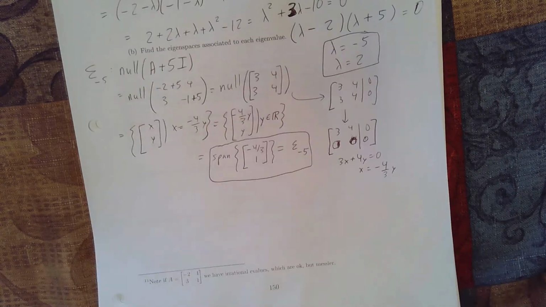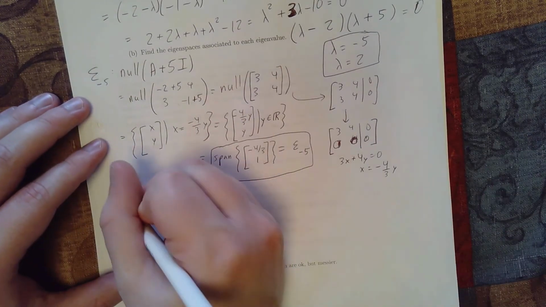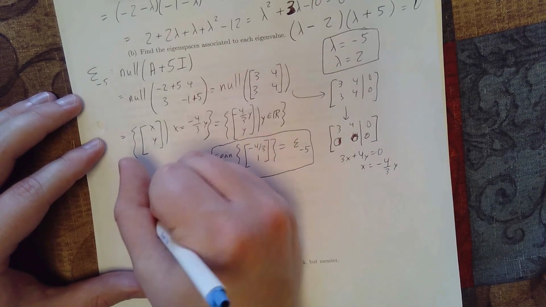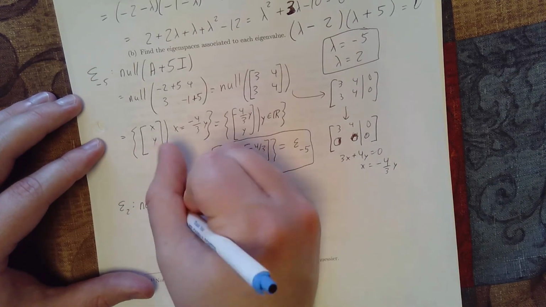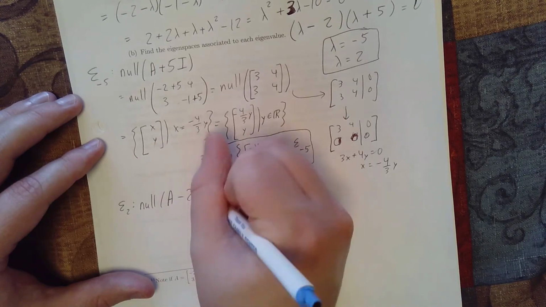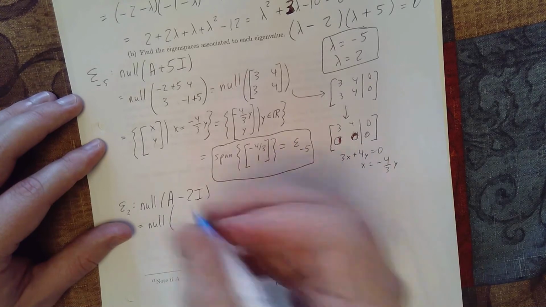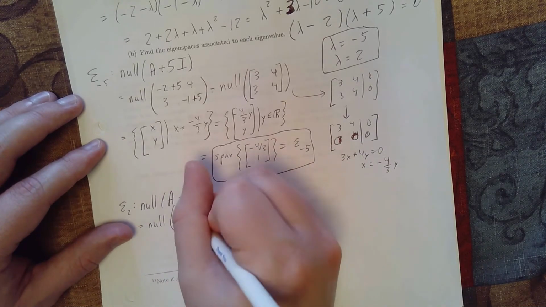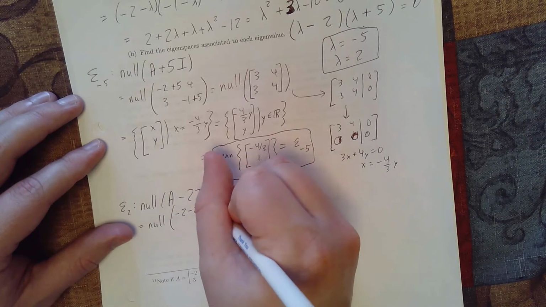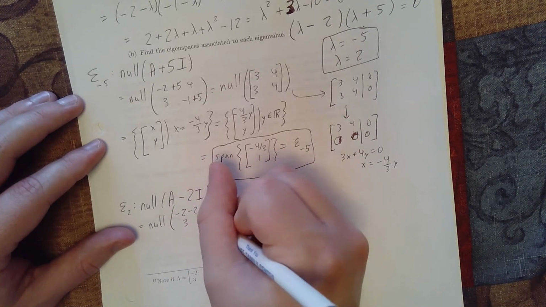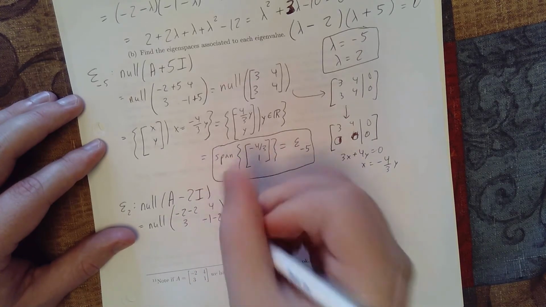They'll even get me. So if we want to find our other eigenspace, the eigenspace associated with 2, we want the null space of A minus 2 times the identity. So that's the null space of negative 2 minus 2, 4, 3, negative 1 minus 2.